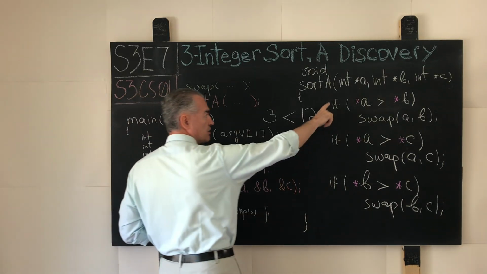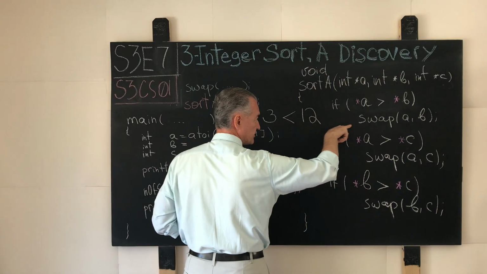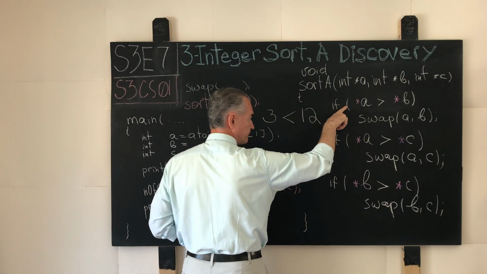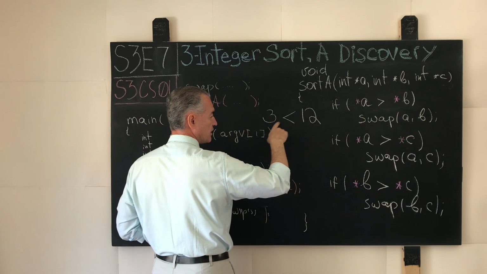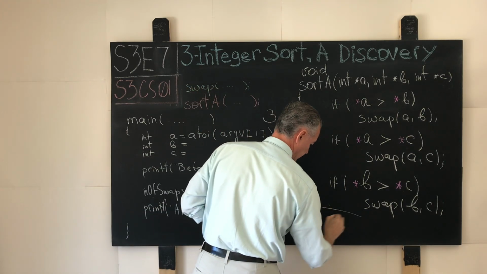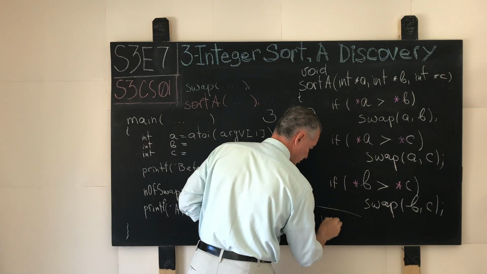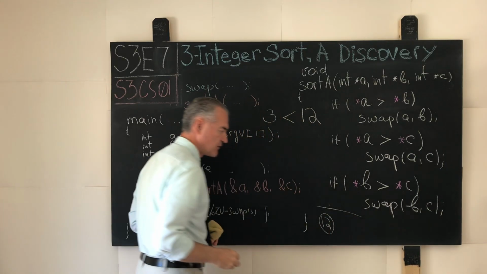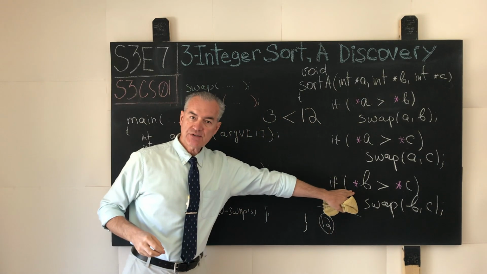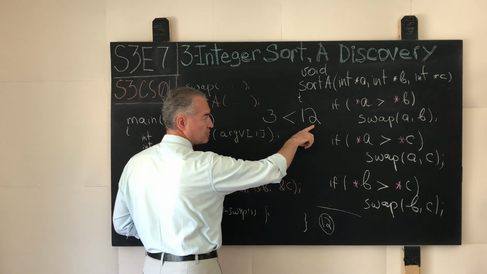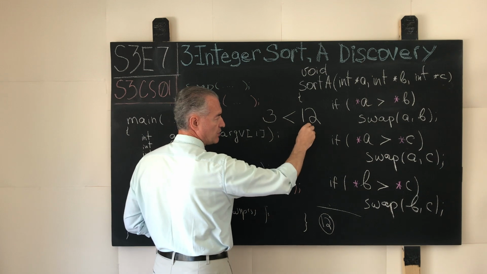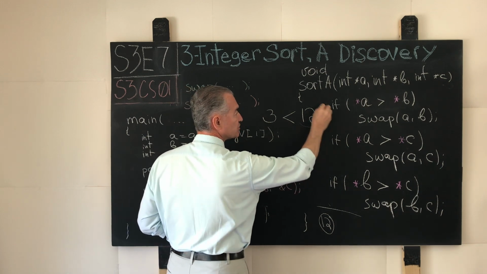So for each test over here, in the worst case scenario, we have 3, 3 plus 1, 4, 4 times 3. On this side over here, the net cost will be 12 operations in this case. That is comparisons and assignments.